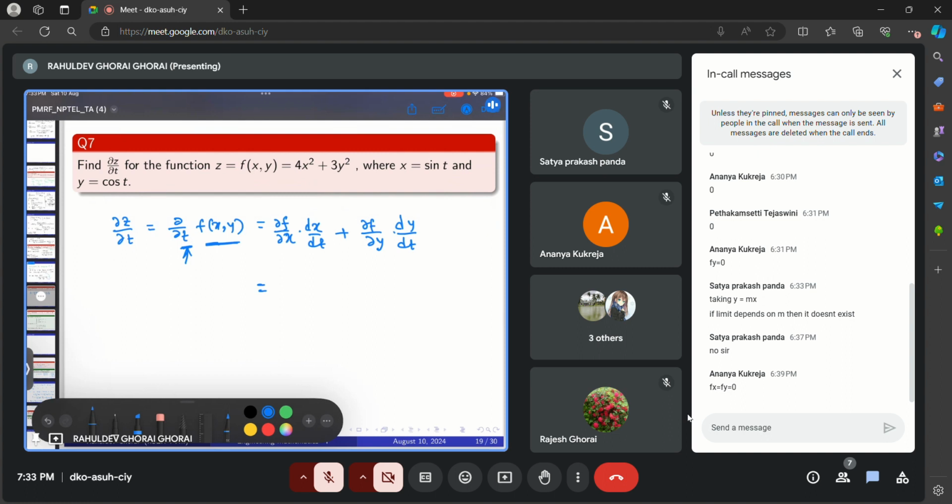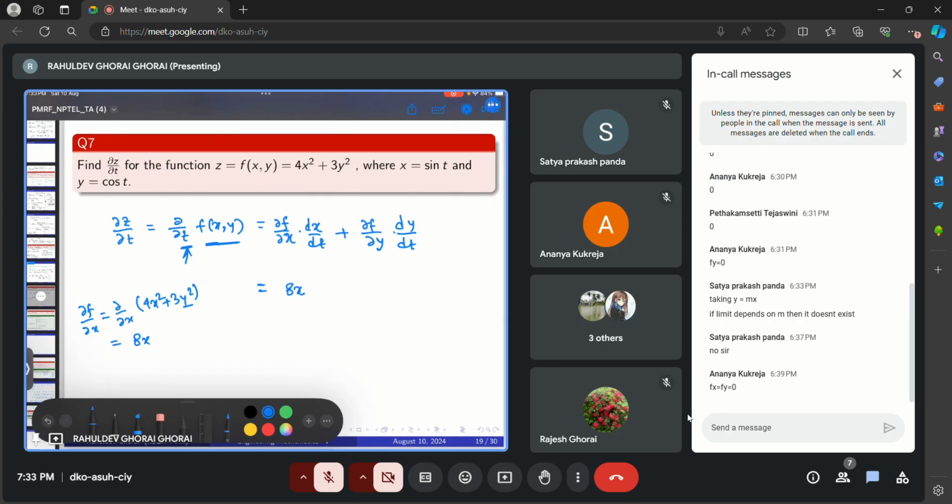So what is del f del x? Del f del x is equal to del x of 4x squared plus 3y squared. When you take the derivative with respect to x, y is constant, so it will be 8x.